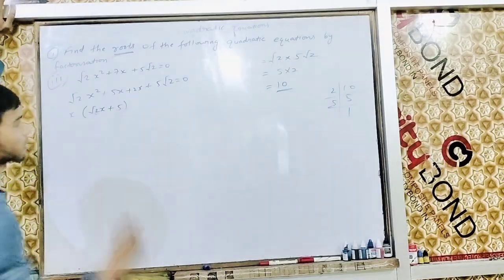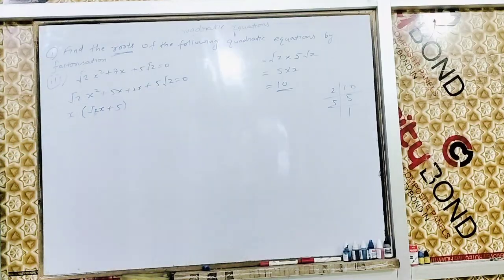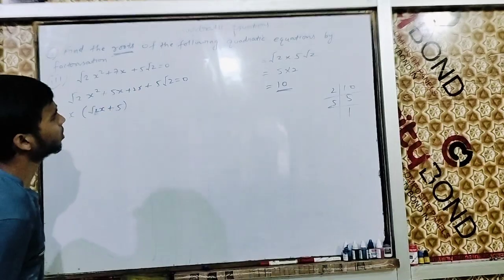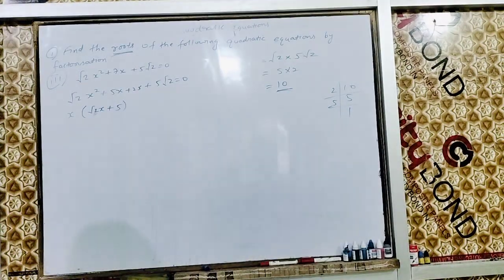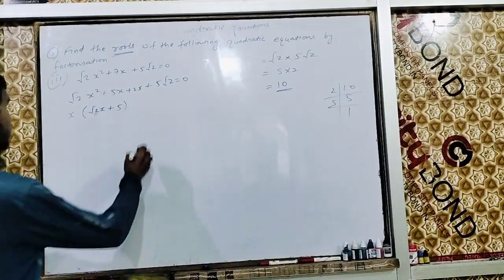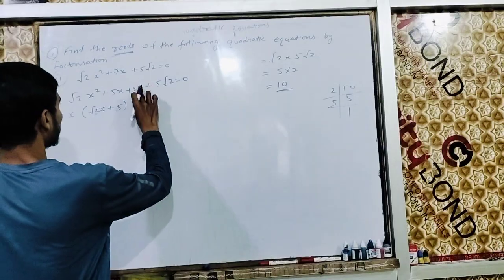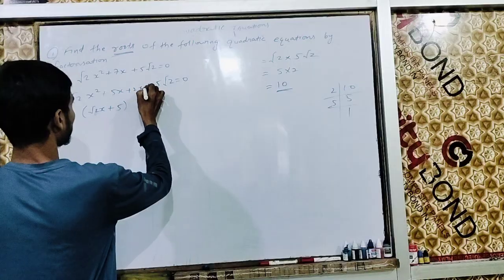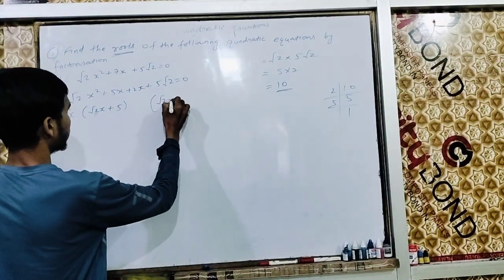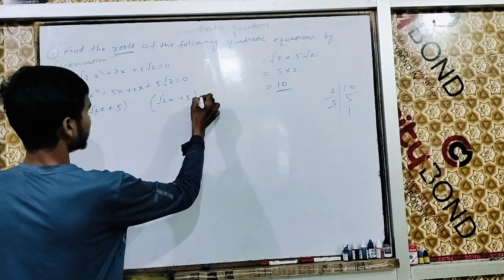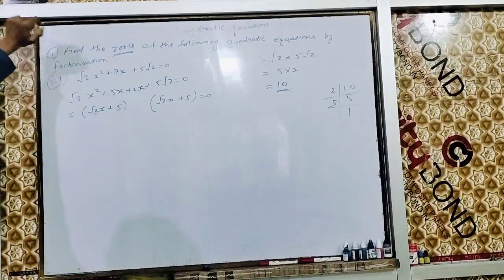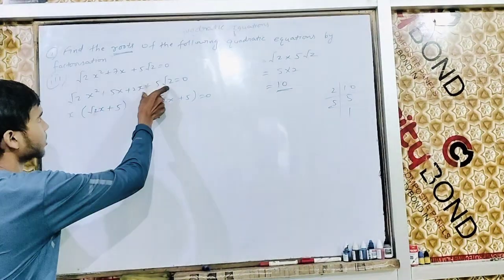Now look at this. What is the common in these 2 terms? I have in this, and in this, root 2x plus 5. Here what should that number be? That will give us this much.